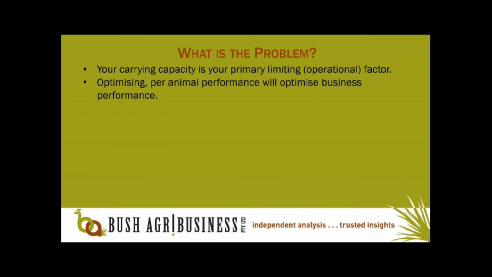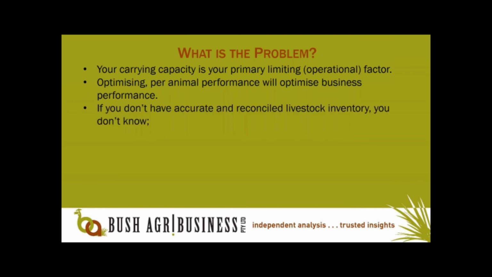If the number of AEs or DSEs you can run is fixed, then maximising the production and profit per DSE is the way to optimise business performance. And to do that, we need a good understanding of our livestock inventory, but also our carrying capacity in the short term and long term.